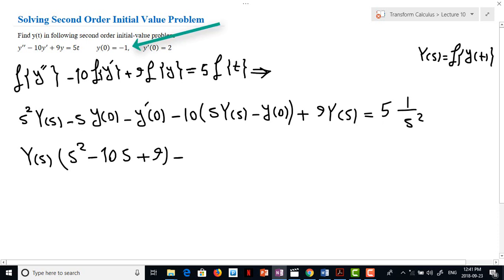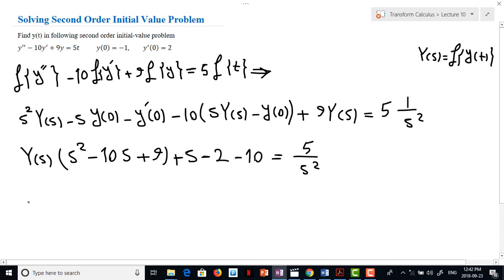Minus 1 times minus s is plus s, minus y prime at t equal to 0, it's 2, minus 10 times minus y at t equal to 0, it's minus 1 times minus is plus, plus times minus is minus 10. It's equal to 5 over s squared.